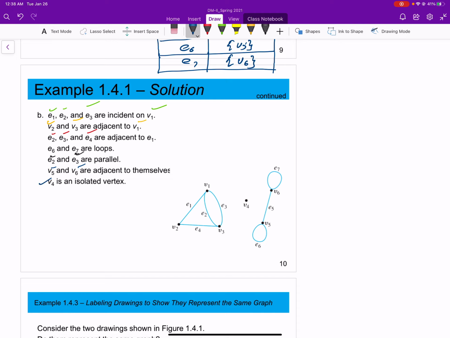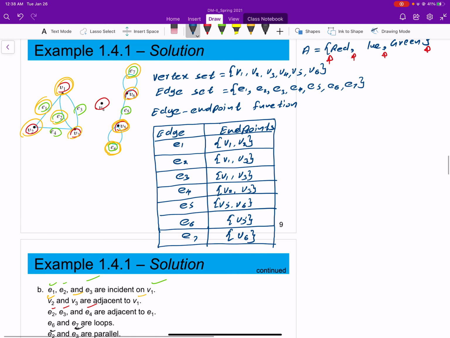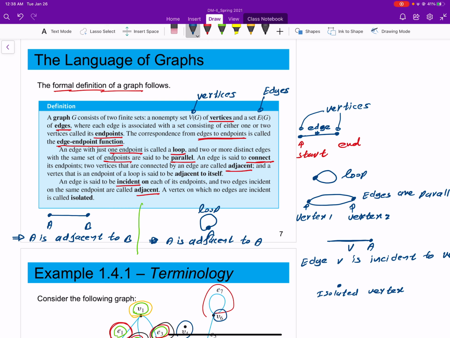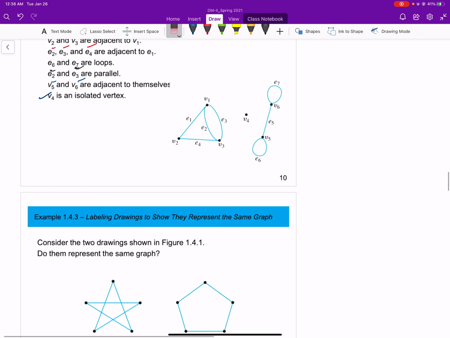Which is V4. So we have completed part B. Now, this is a good example because it covers all of the definitions that we learned right here. All right, so go forward.